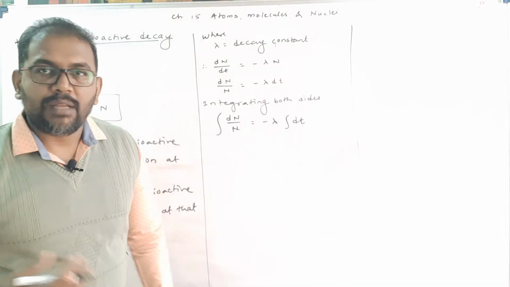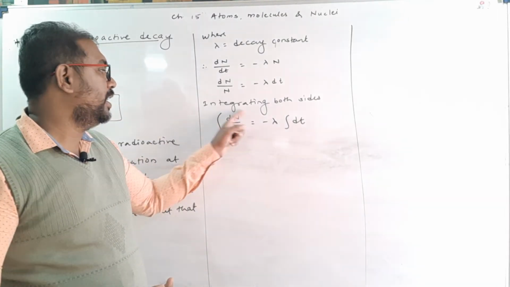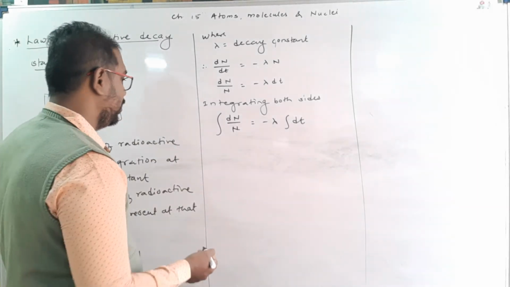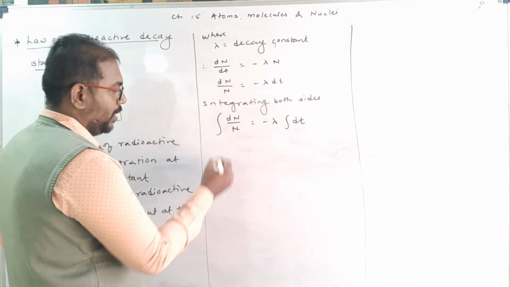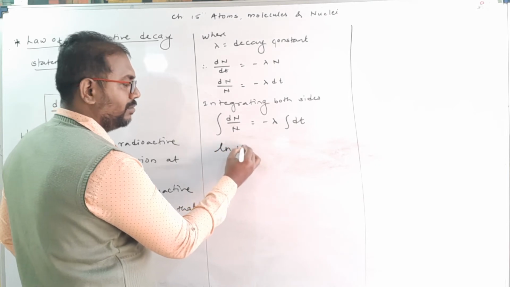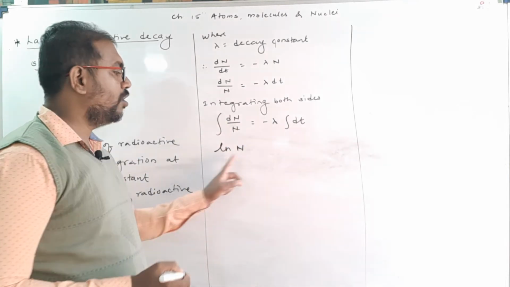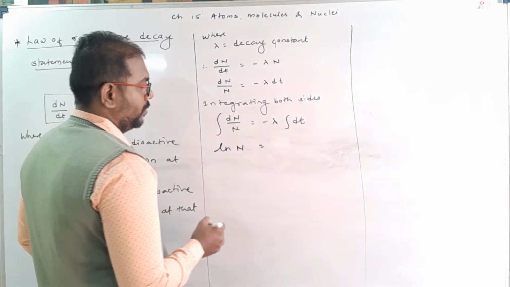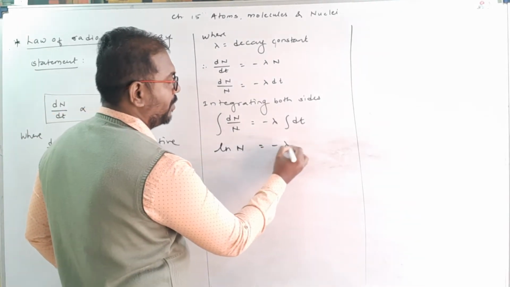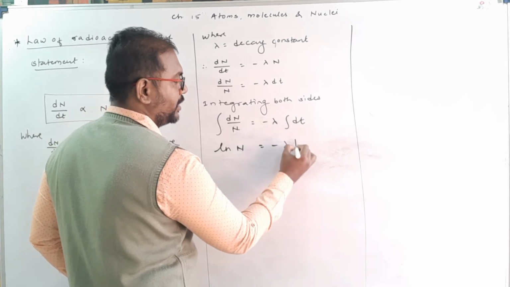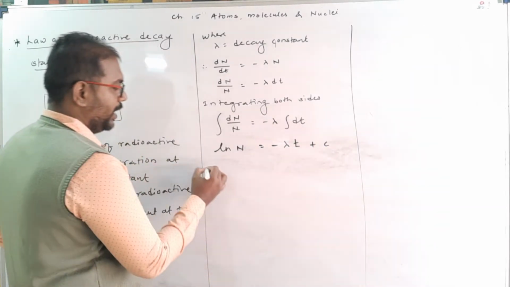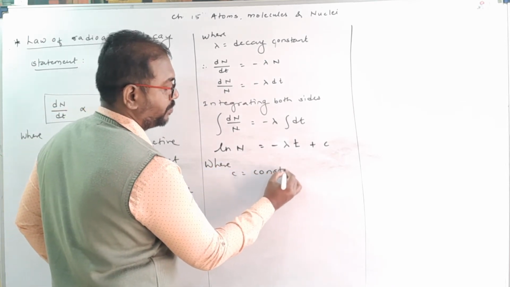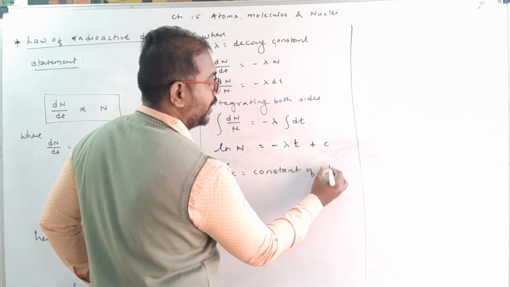As a mathematics student, you already know that the integration of dN by N is log of N, log to the base e, which you can write as ln. So ln N is equal to minus lambda t plus c, where c is the constant of integration.